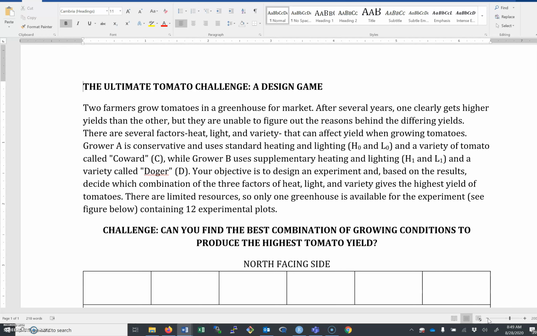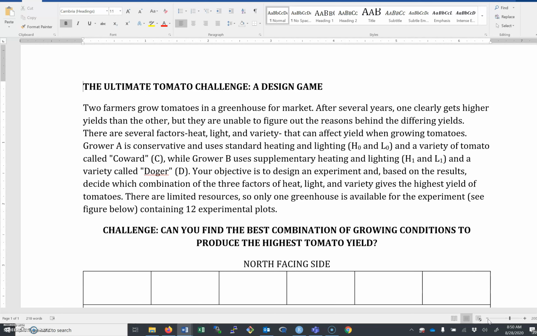You'll see that in the game in just a moment. He uses a variety of tomato called Coward. While grower B uses supplementary heating and lighting, so he has the higher levels of heat and light, denoted H1 and L1, and a variety called Dodger.